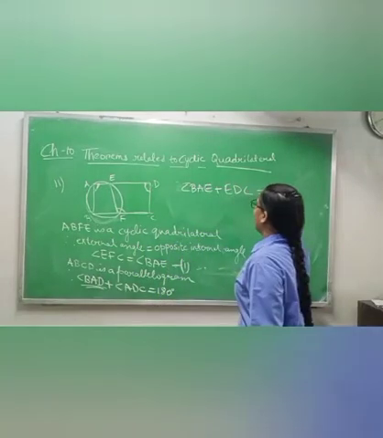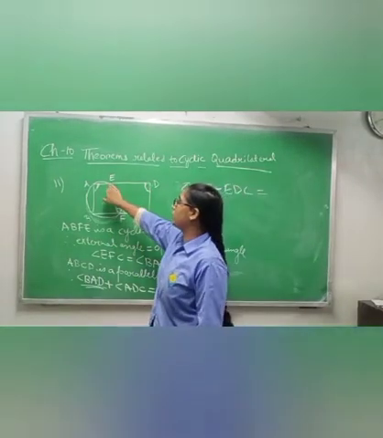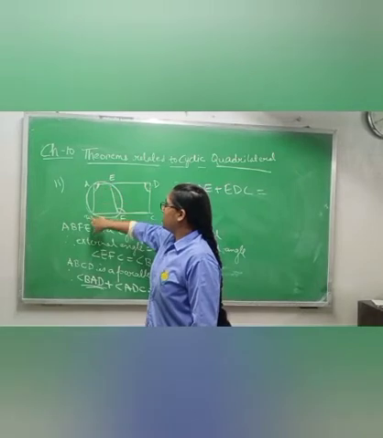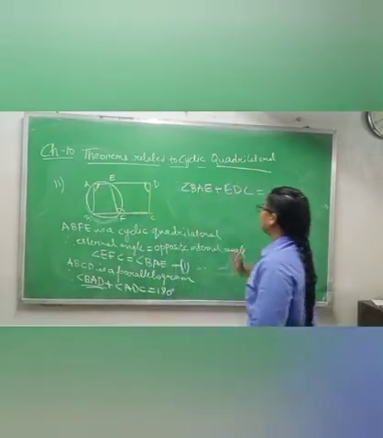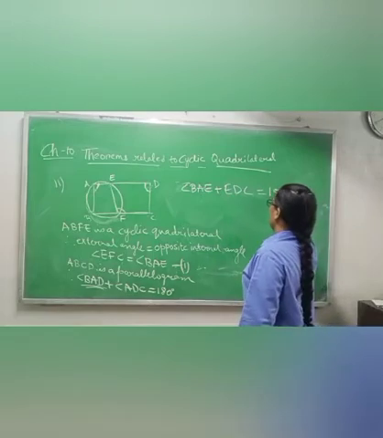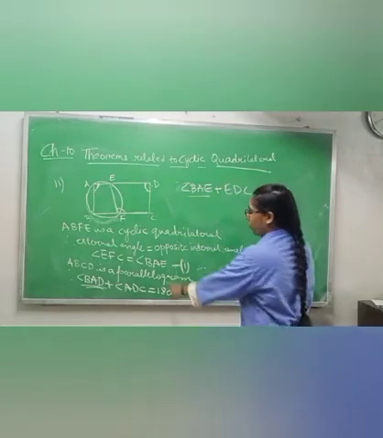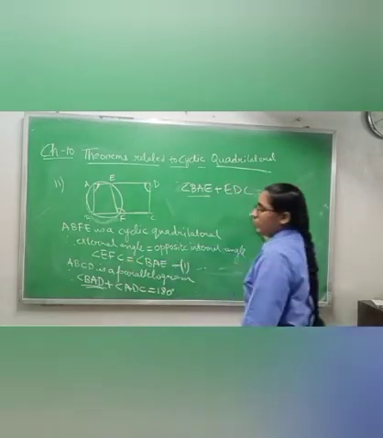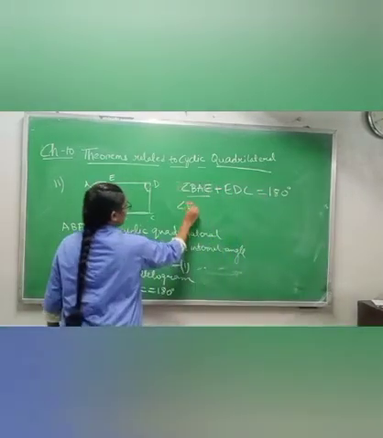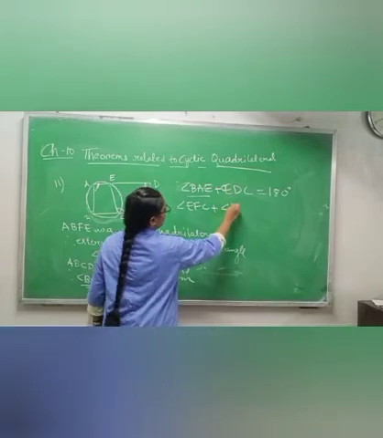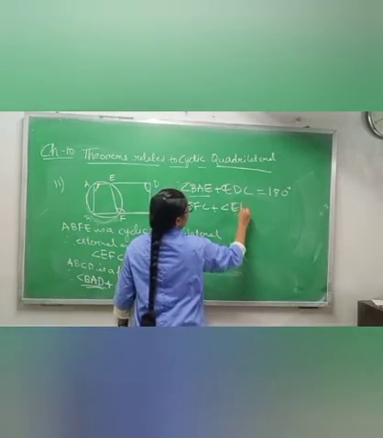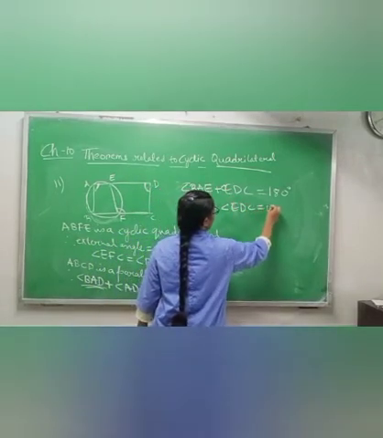We are not changing the angle. Now in place of BAE from equation 1, we write EFC. So EFC plus EDC equals 180 degrees.